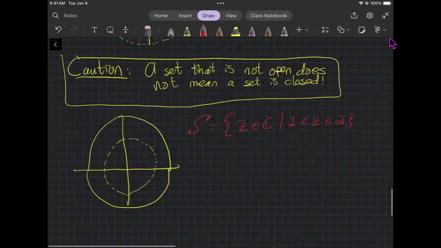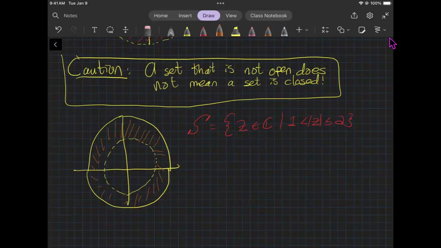And this is the mathematical definition of this set here, right? And well, all the points in here. So this set is an example of both an open and a closed set.